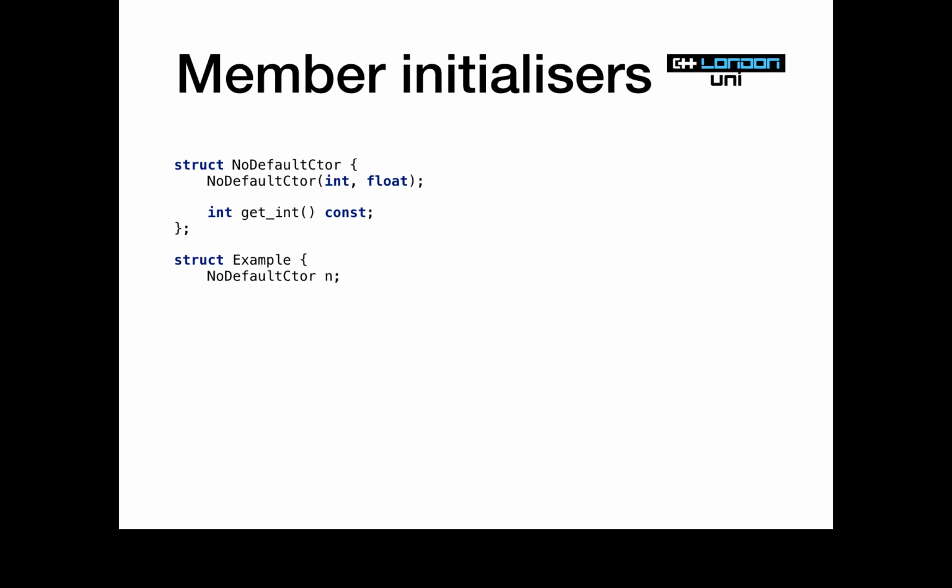So now we have struct example, and it contains a member variable named n of type no default constructor. It contains another member variable of type I. And we've said this type has a default constructor that we're going to write out of line.